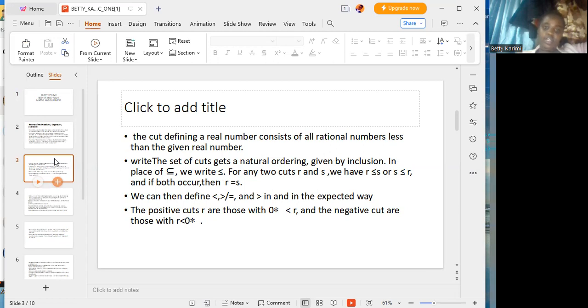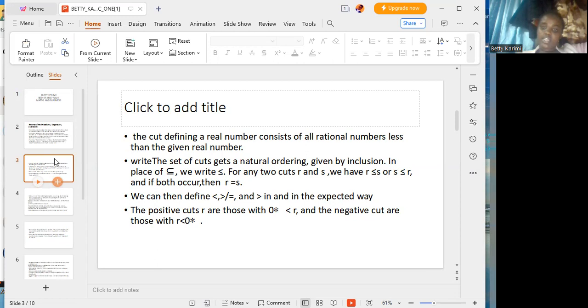The set of cuts gets a natural ordering given by inclusion. In place of less than or equal to, we write a slanting V and a dash.